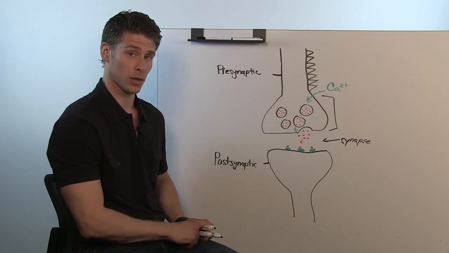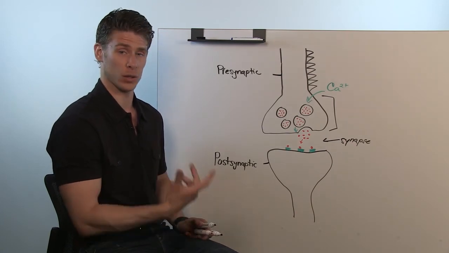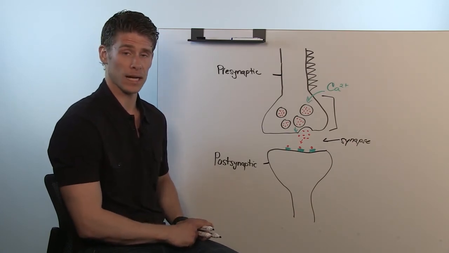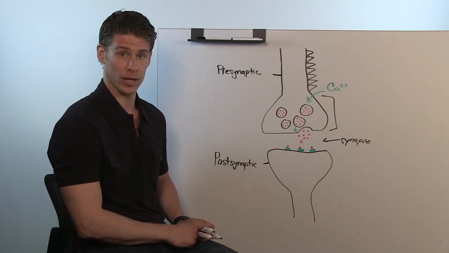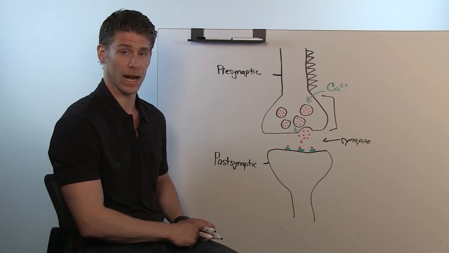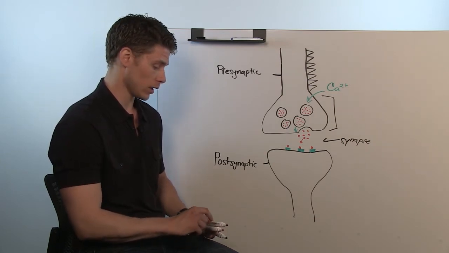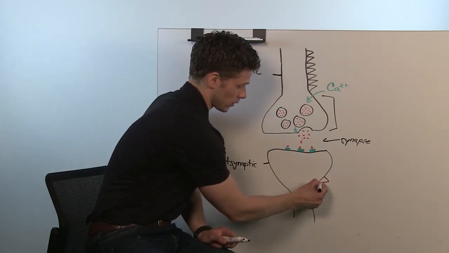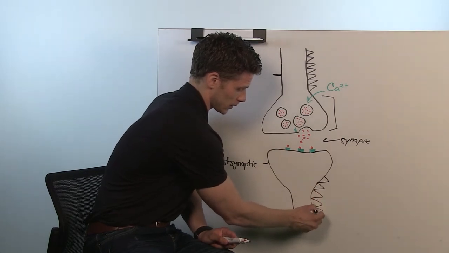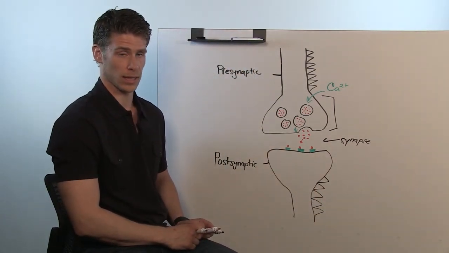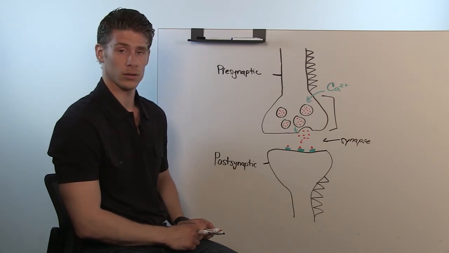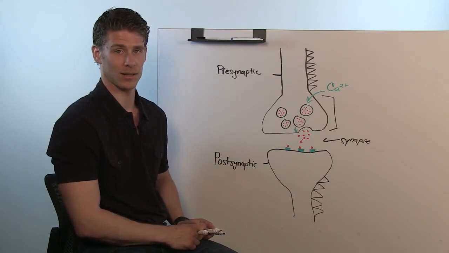And when a lot of sodium channels are opened, you have a lot of sodium influx. And if you can remember back to how an action potential works, this will cause action potentials to become fired or activated. And they will run down the course of the postsynaptic cell. And that's how two cells communicate, and that's how information is transmitted in the body.